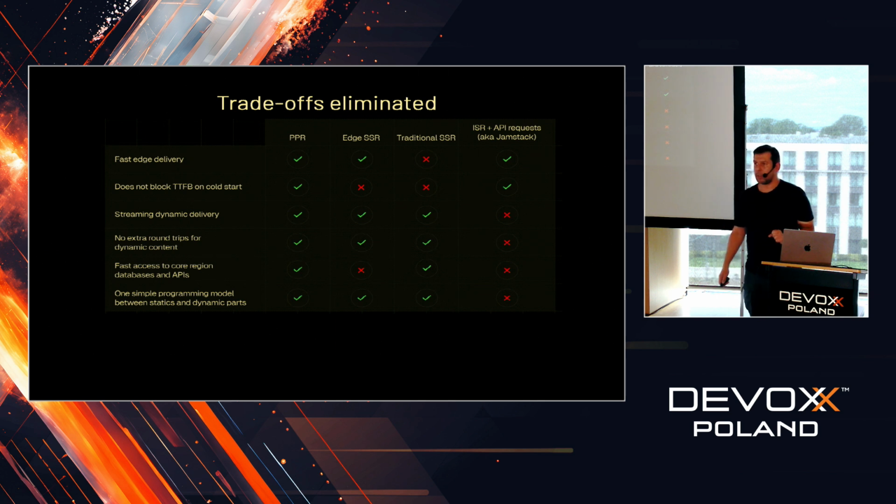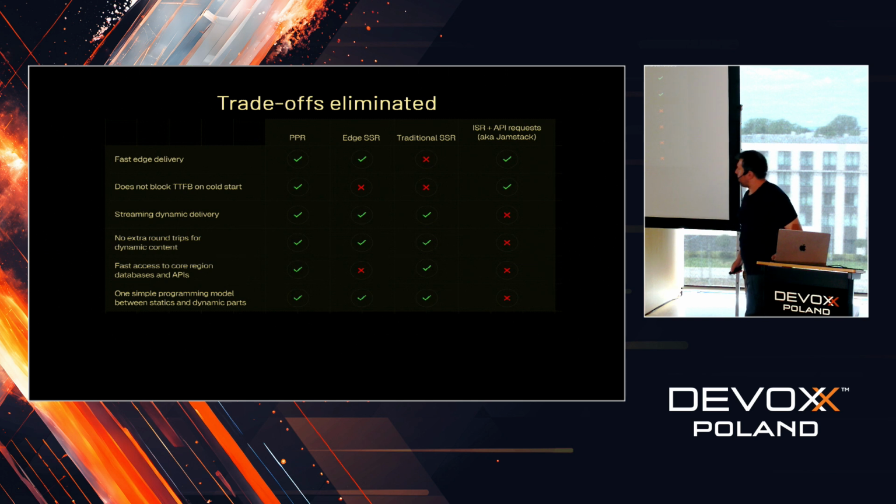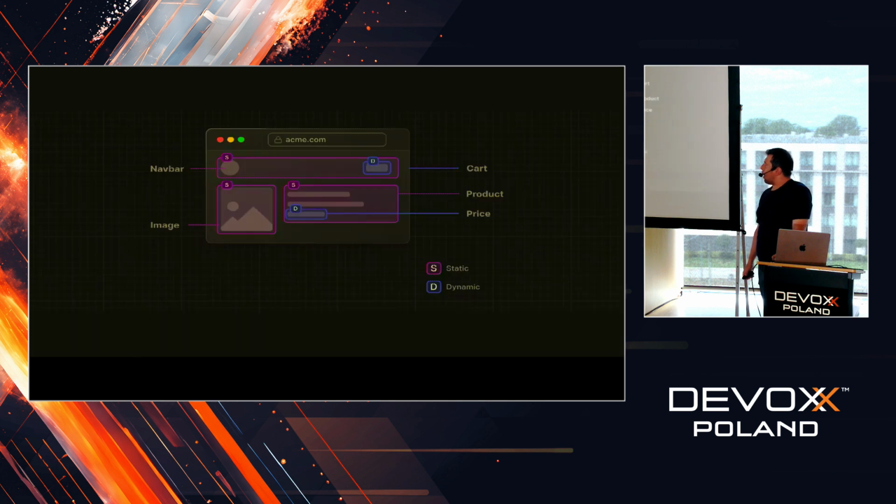The creators of Next.js made some trade-offs because there is traditional server-side rendering and incremental rendering, so we will focus on that. They are trying to make a solution that can be used, for example, to make this application shell and place our dynamic components somewhere in the application.